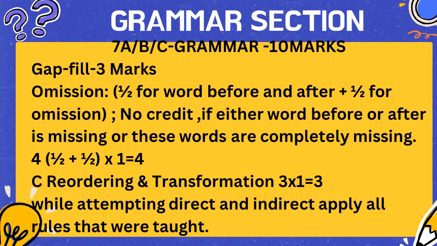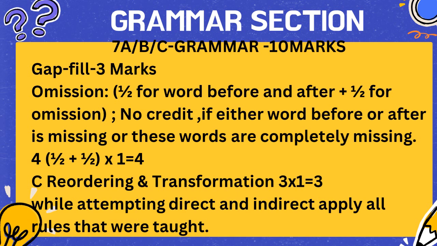The 7C is reordering and transformation. The first is to rearrange into a meaningful sentence, and the next 2 are direct and indirect. So here you apply all the rules that were taught to you in the classroom, changing now to then, okay? If the verb is in the past tense, you change this to past perfect tense, and if it is in present continuous, you change it to past continuous.